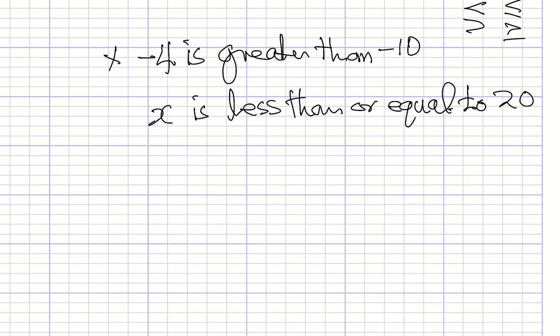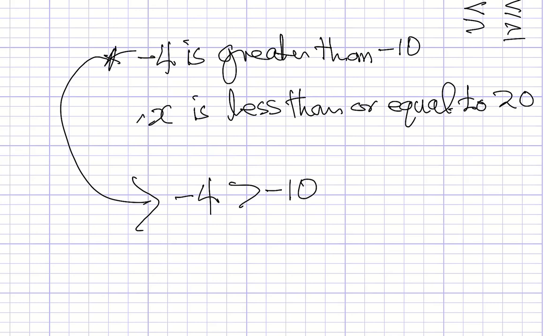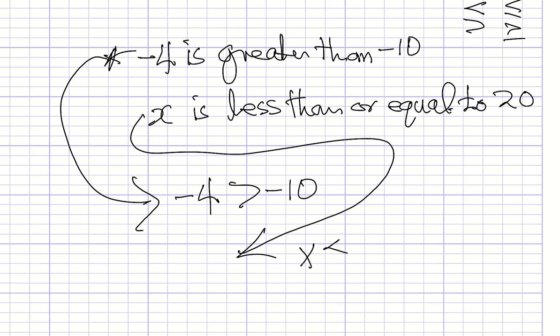This one you translate as minus 4 is greater than minus 10. You see that, right? And this one you translate as x is less than or equal to 20. That's all that is saying.